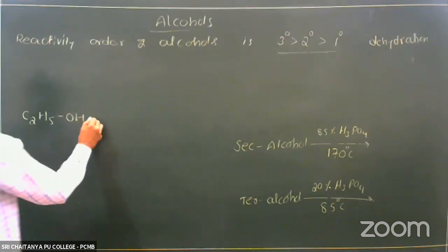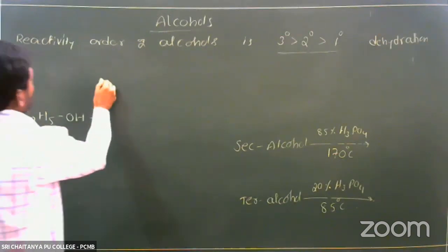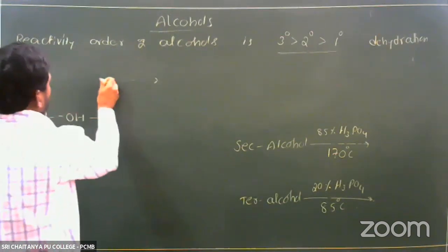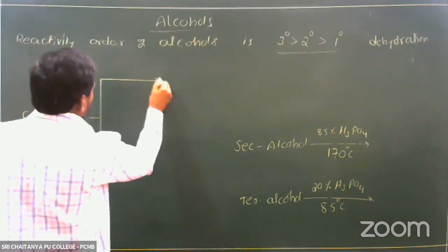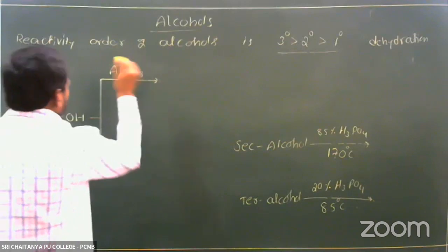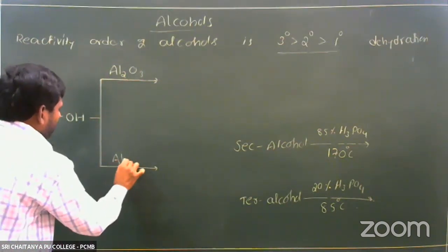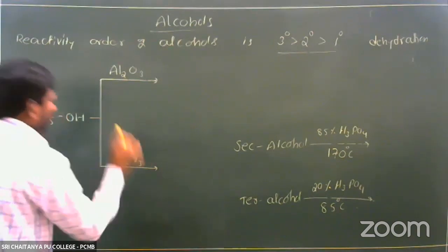This ethyl alcohol is heated with alumina, that is aluminum oxide, formula Al2O3, a dehydrating agent.